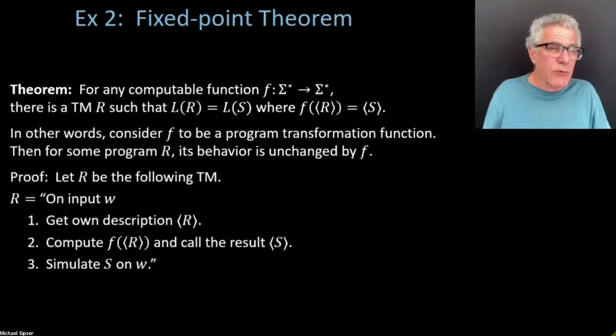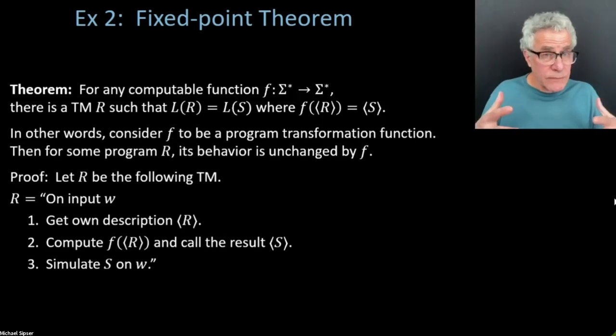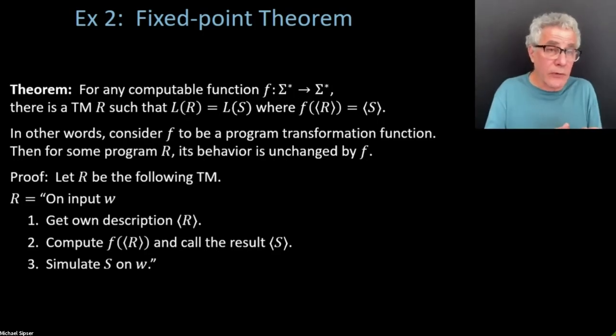I mean, this is proving the cool fact that, at a high level, if you have a program transformation, some method of transforming one program to another program, done by an algorithm, there's always going to be some program whose behavior is unchanged by the transformation.